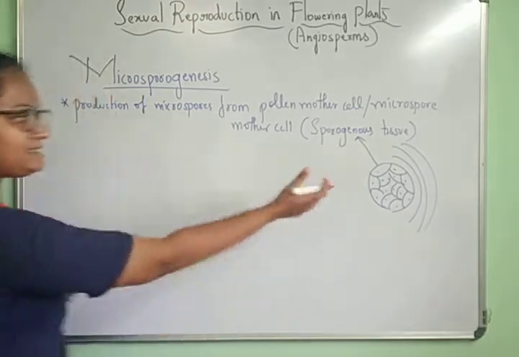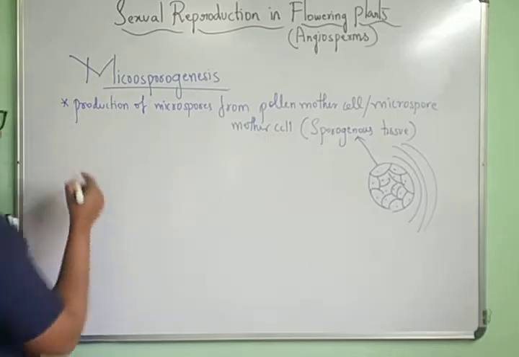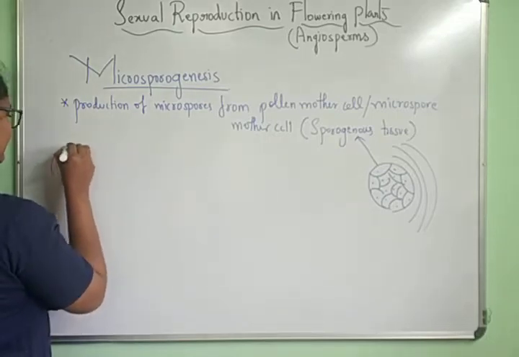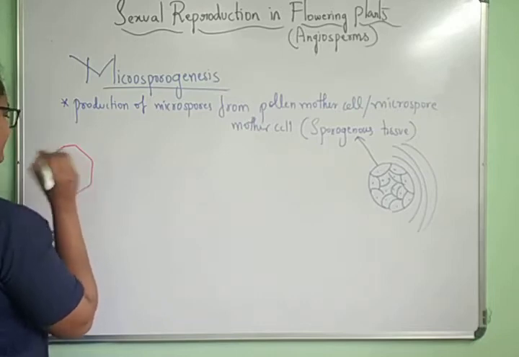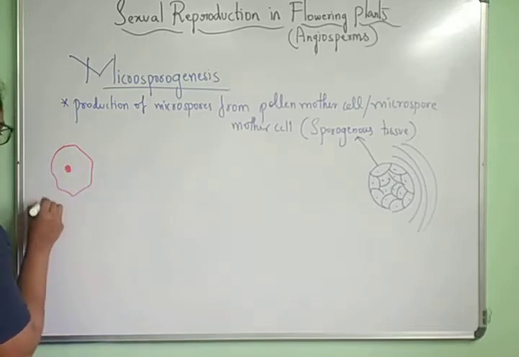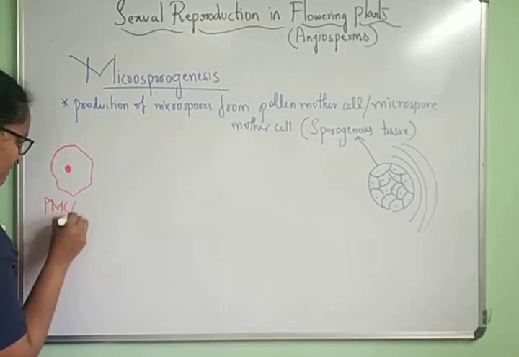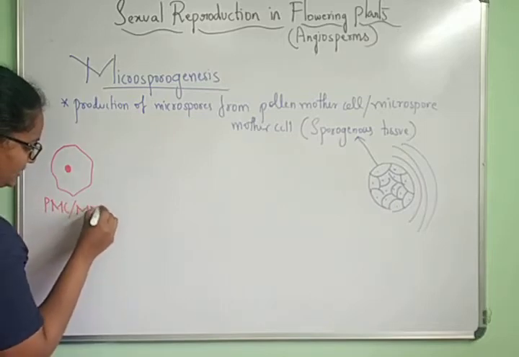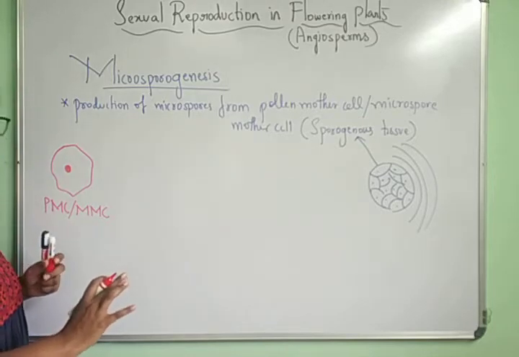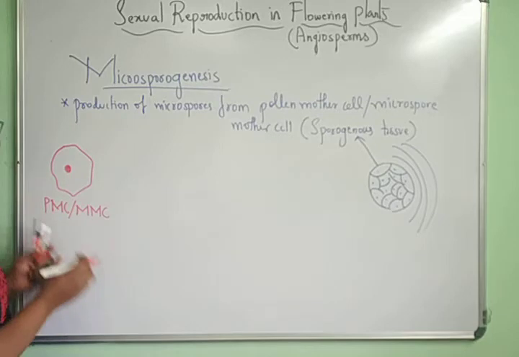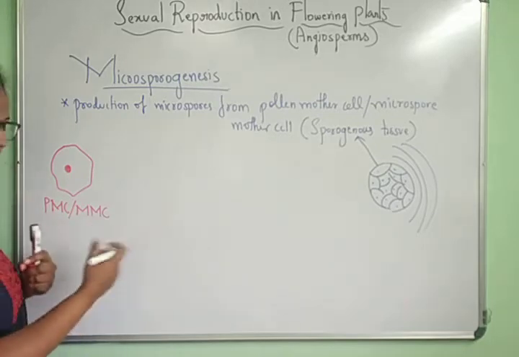Just consider a single pollen mother cell. I'll write PMC or MMC. You should not write in an abbreviated form. Please expand it and write pollen mother cell and microspore mother cell.